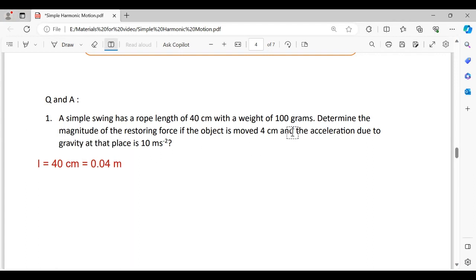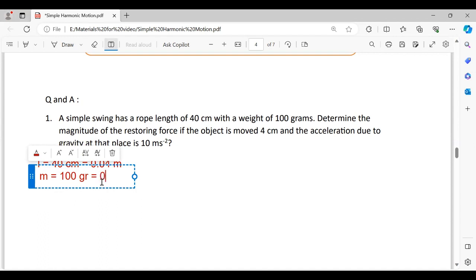And after that, weight, or I think this is mass, because weight equals m times gravitational acceleration. So I'm going to identify this as mass. Mass equals 100 grams, and as well, we have to convert into kilograms.